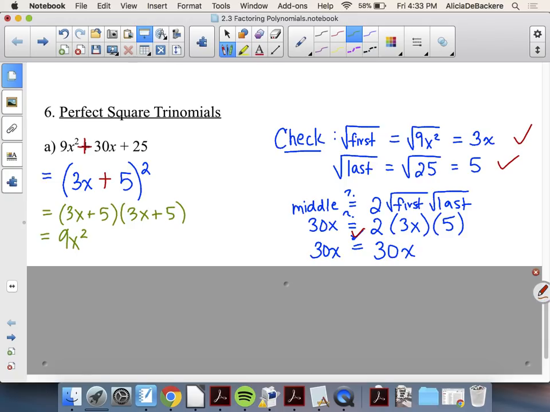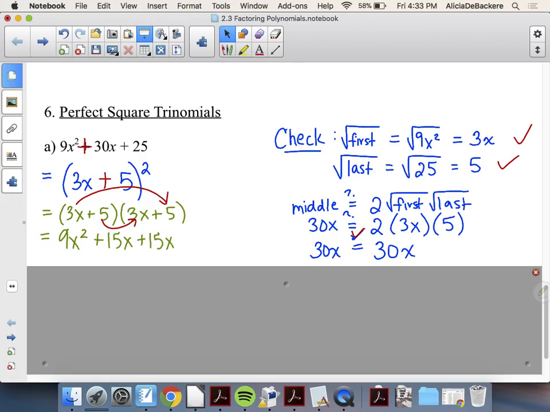So first I get the 3x times this 5, that's 15x. And then I get this 5 times this 3x. Again, that's 15x. So I get 2 of them, which is what my last check was here. Do I get 2 of the first times the last when I get to the middle?